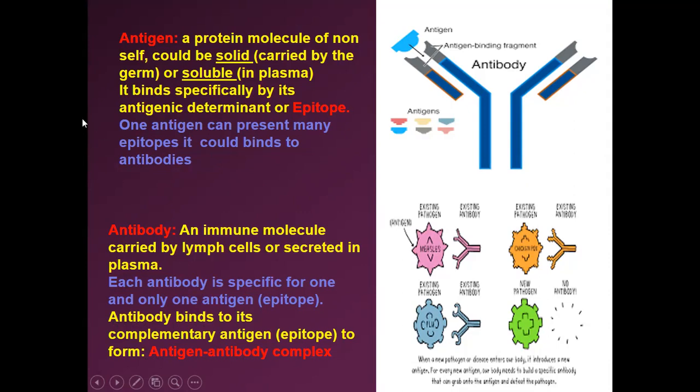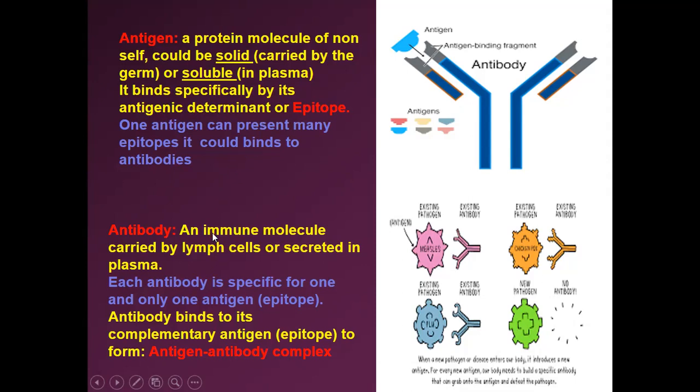For example, the antigen is a protein molecule of non-self, for example, bacteria. It could be solid, carried by the germ, by bacteria, or soluble in plasma. It binds specifically by its antigenic determinant, or epitope. The antigen presents one or many epitopes which can bind the cells of the body.